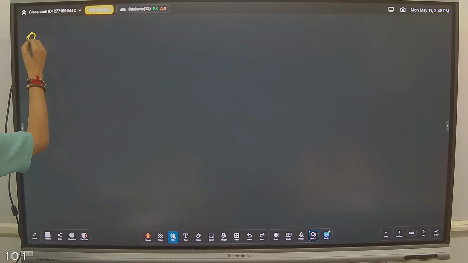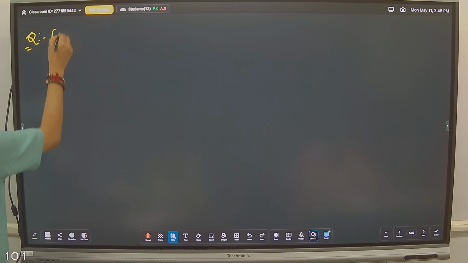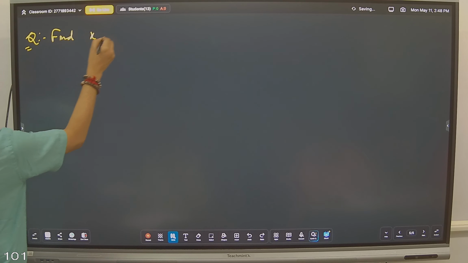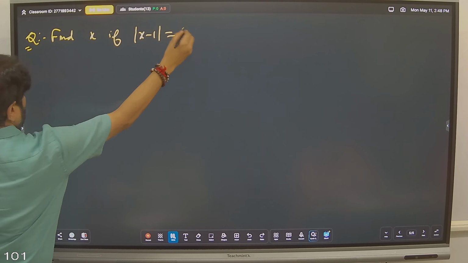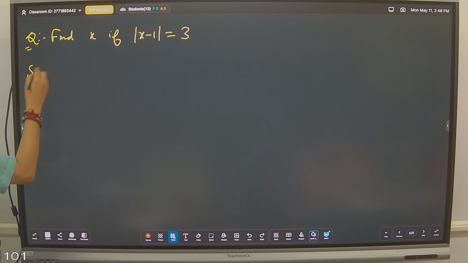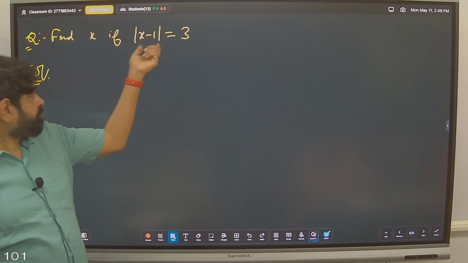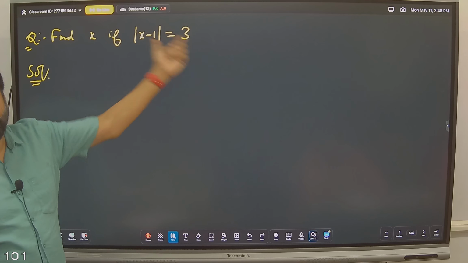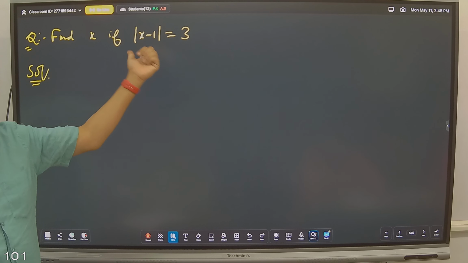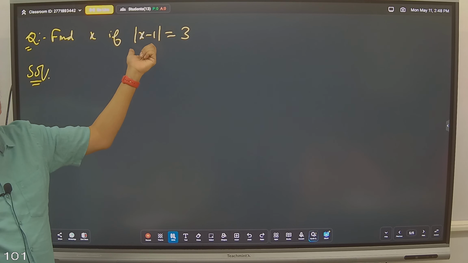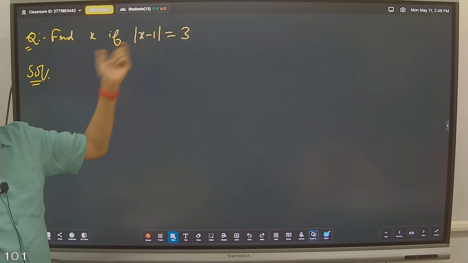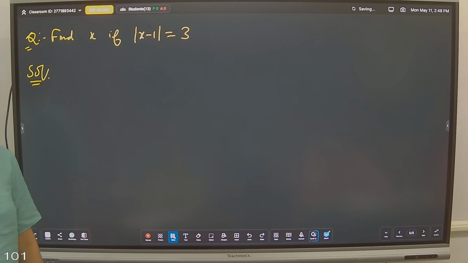So suppose a question comes: find x if mod of x minus 1 equals 3. Think like this: mod of something equals 3 when that something is either plus 3 or minus 3?